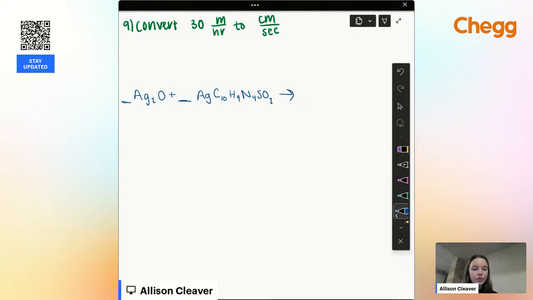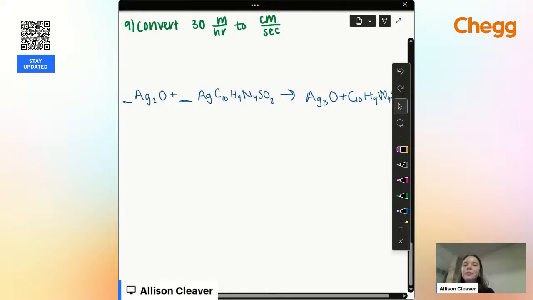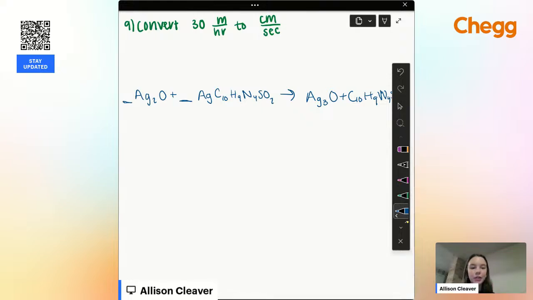So it would yield Ag, I think it is going to yield Ag2, Ag3O plus C10H9N4SO2, if I can get that in. So since all of these are 1-to-1, we don't have to balance it since it is going to be that 1-to-1 ratio. So all of these coefficients are going to be 1.